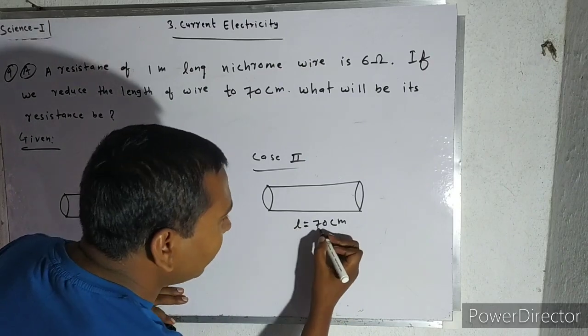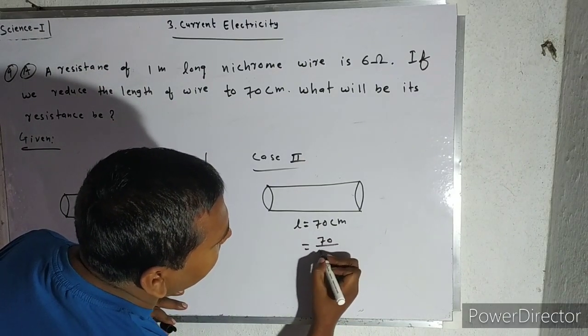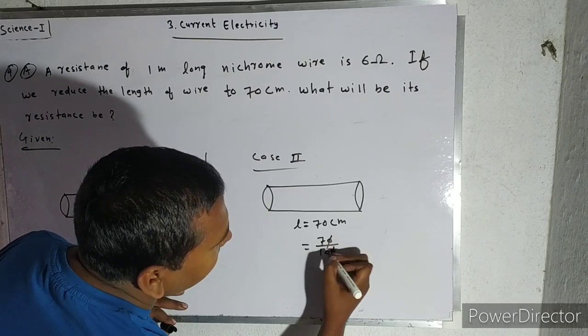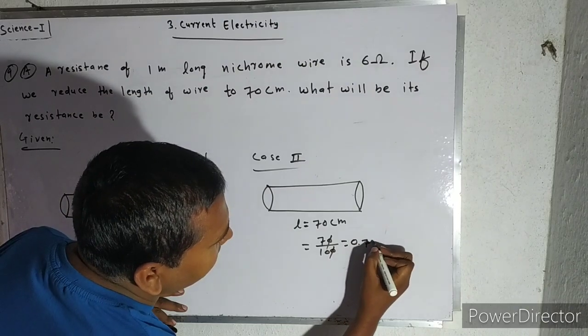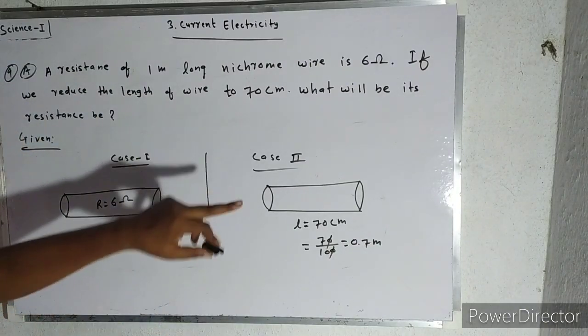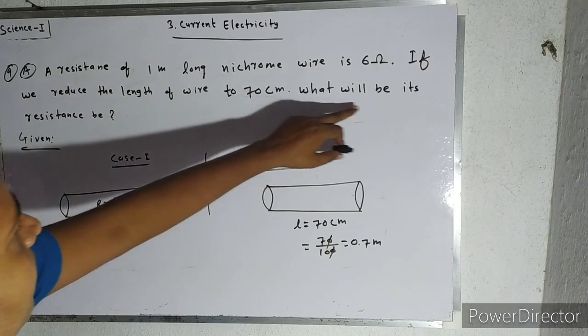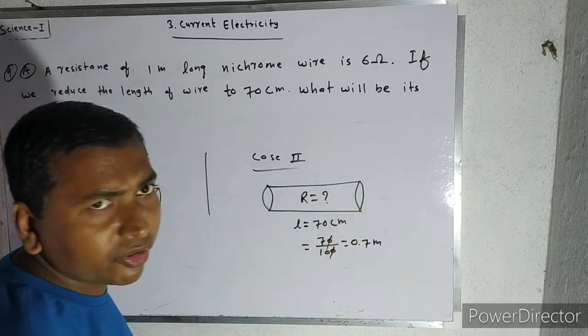So 70 centimeter is equal to 70 upon 100, that is 0.7 meter. Now what will be its resistance? R is equal to question mark.